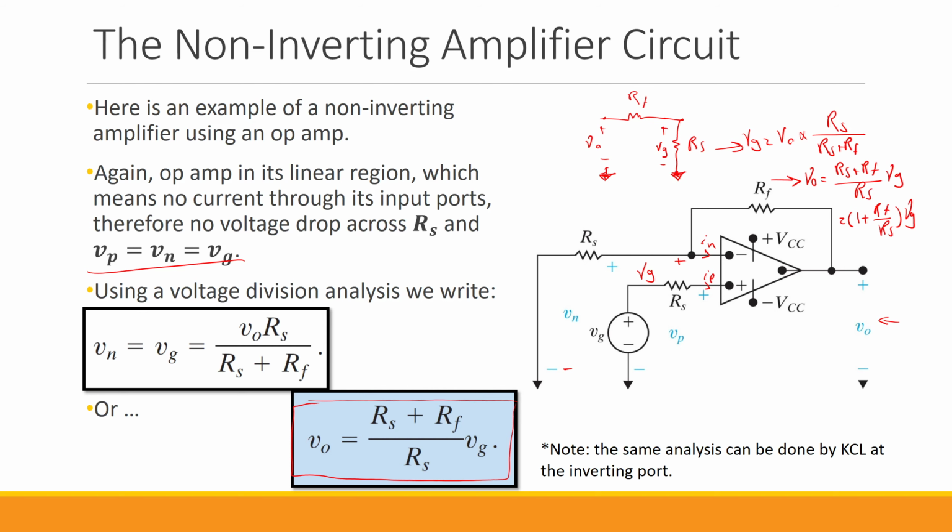So this is an example of a non-inverting amplifier circuit. Again, you should keep in mind that we still have this negative feedback resistor between the output and the inverting input of the op-amp. If we don't have this, then the two constraints that we have are not going to be satisfied completely.